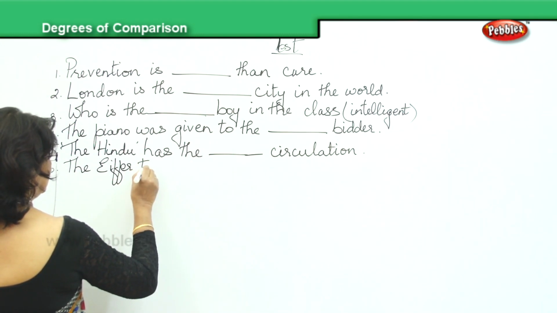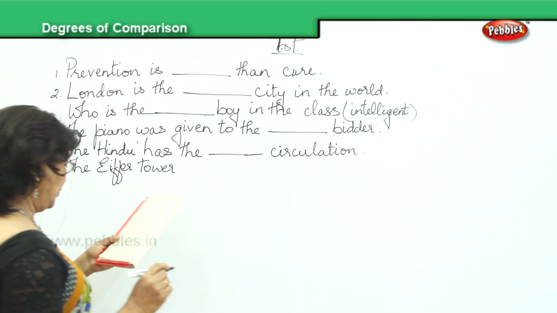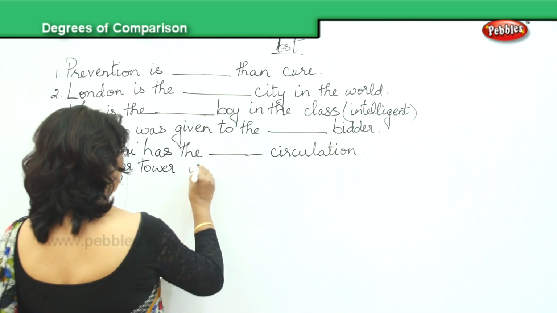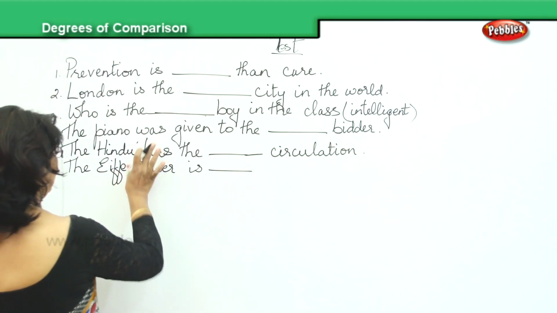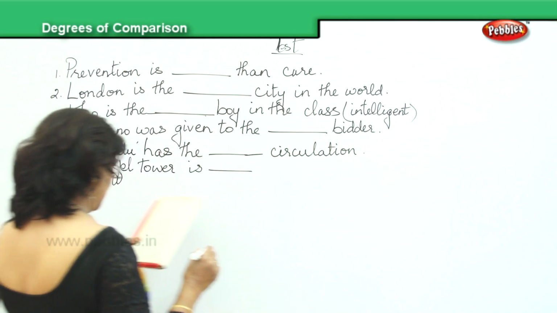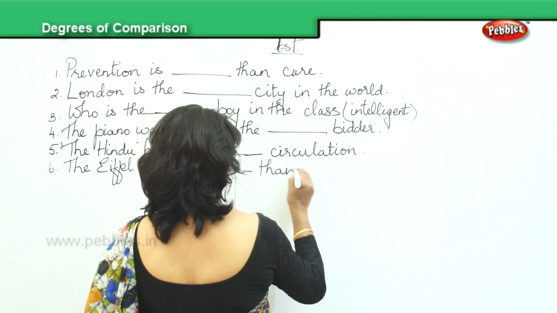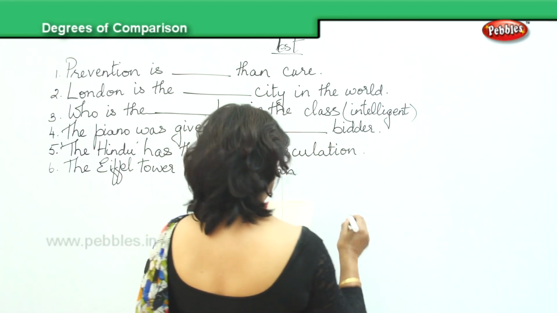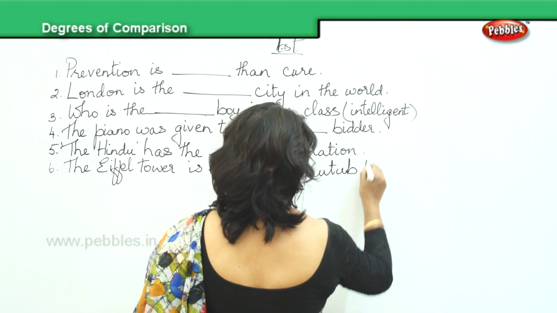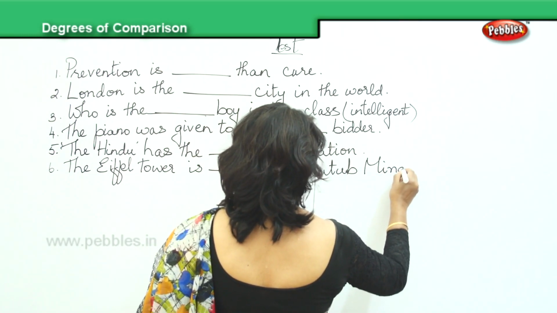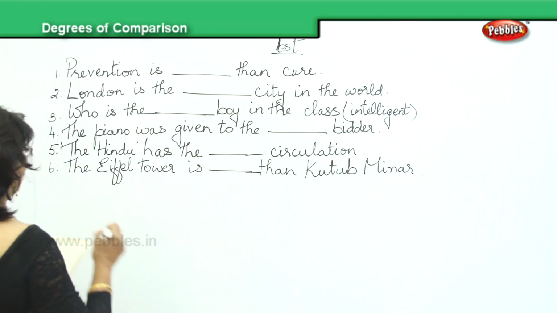The Eiffel Tower, it's pronounced as Eiffel. Don't say Eiffel. The Eiffel Tower is dash than Qutb Minar.